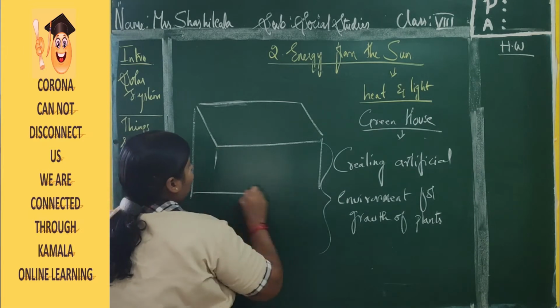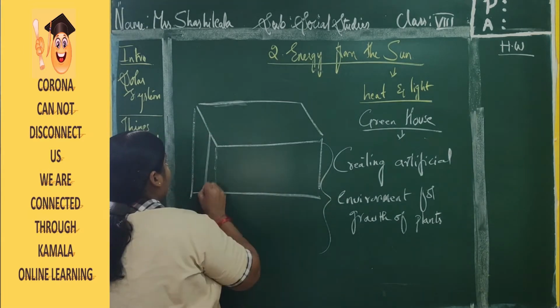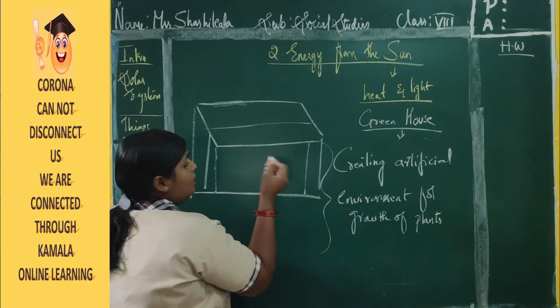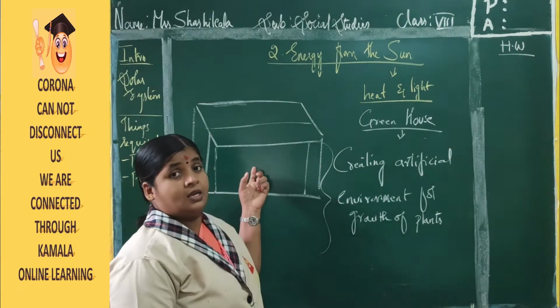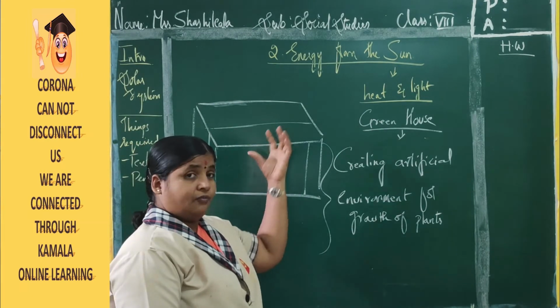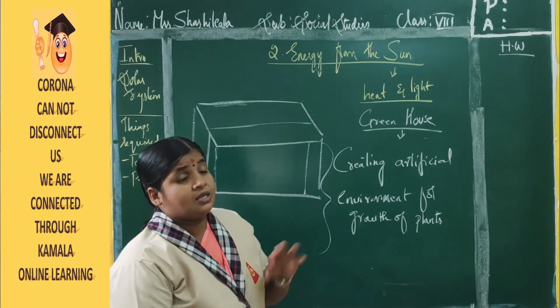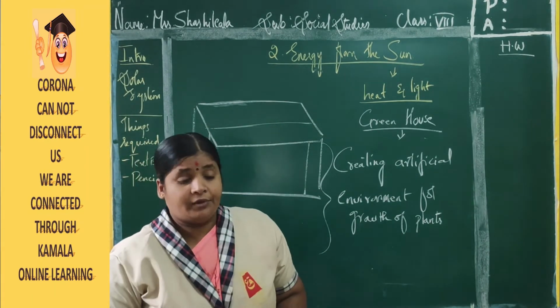Right? Now these are all made with glass. The sun rays will directly fall in this, and when the sun rays fall directly in this, there is no chance of them going outside. Here I will read this out.